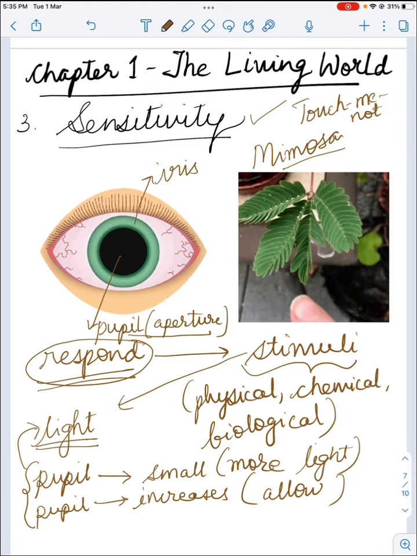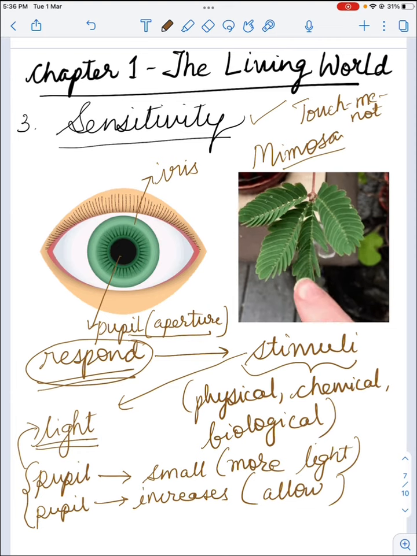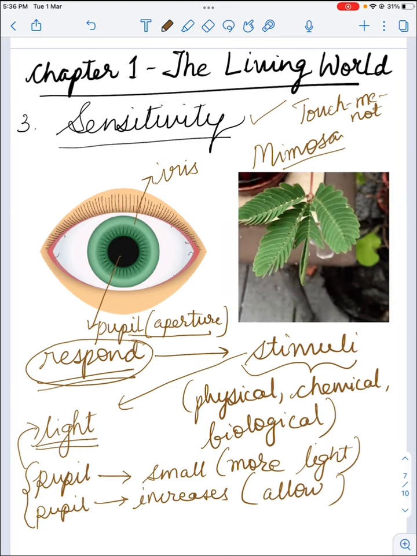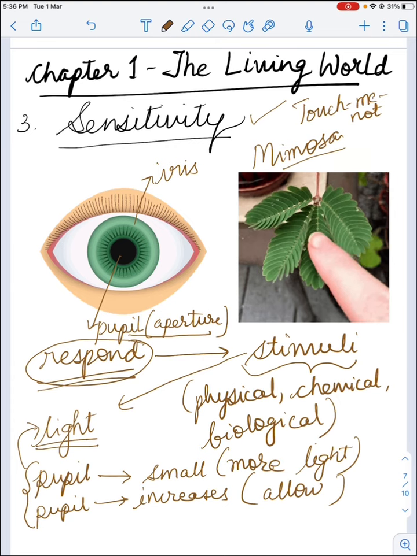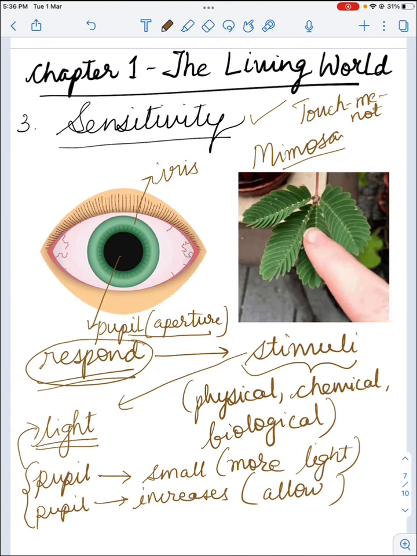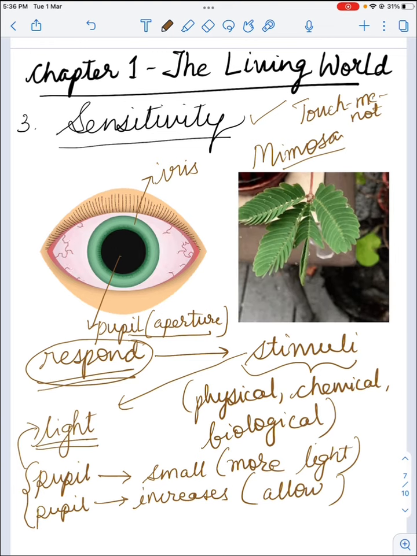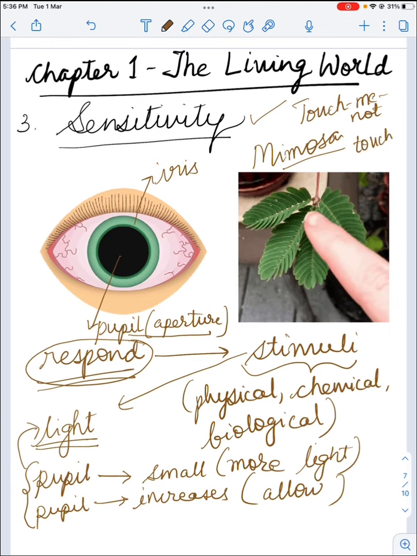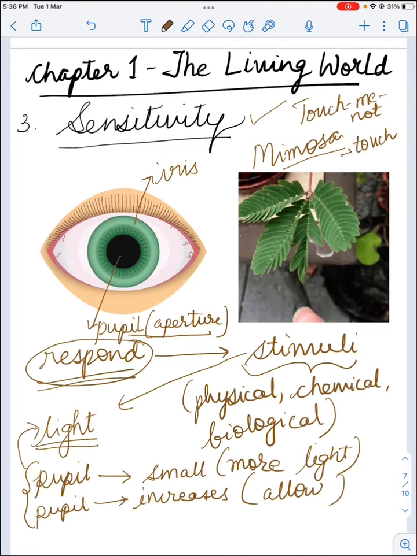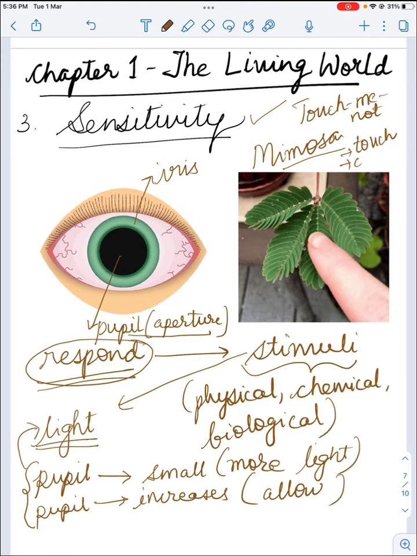You can see this small herb growing along the side of the pathway. When you touch the leaflets or the leaves, they respond by closing their leaflets. So here the stimulus is touch, and the plant responds by closing the leaflets.